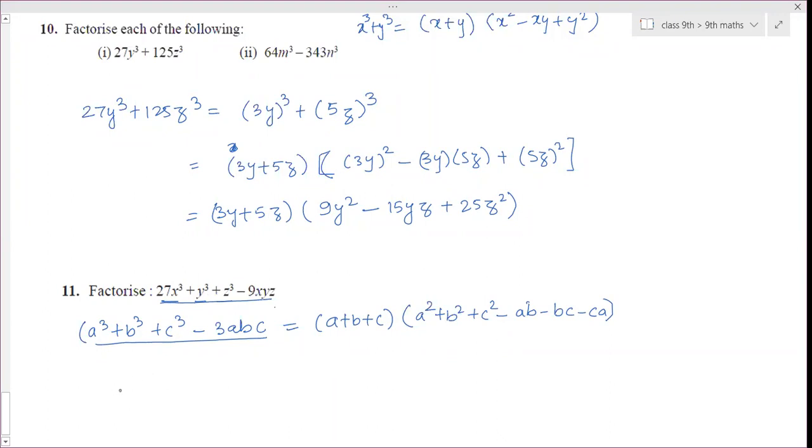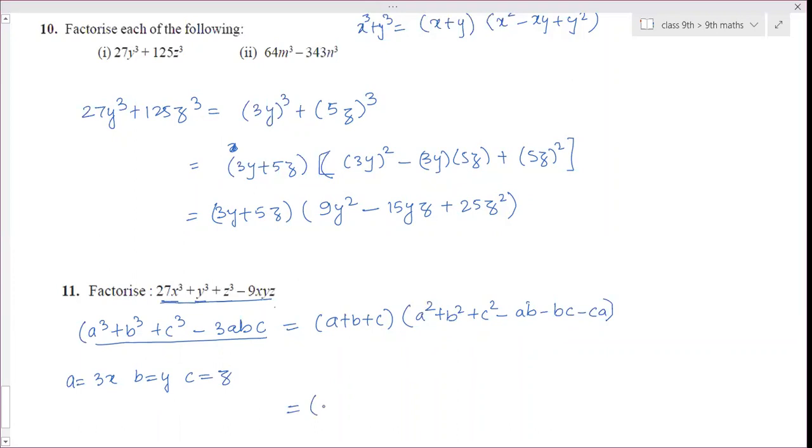So then what is the value of a? It is 27x cube, so whose cube is that? 3x. b is y and c is z. So in this RHS side, we have to substitute these values.